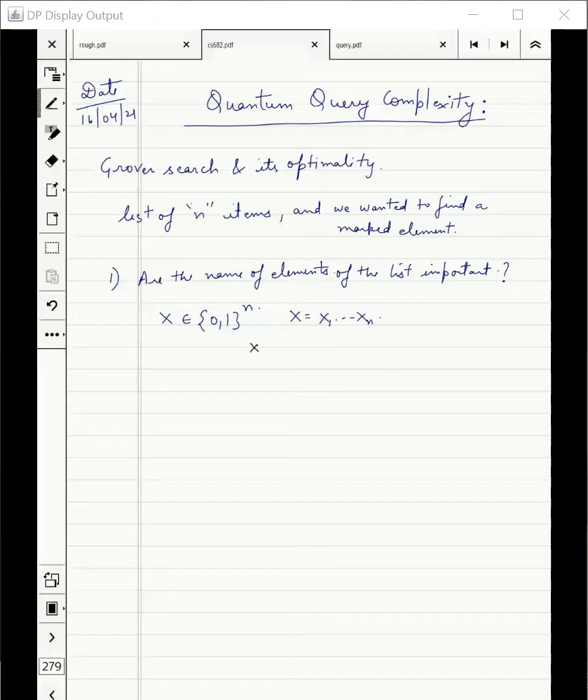Here x1 is the first element, x2 is the second element, x3 is the third element, and so on, where xi is equal to 1 if and only if, any guesses? When do I want xi to be equal to 1? If the ith element is marked. Very nice.